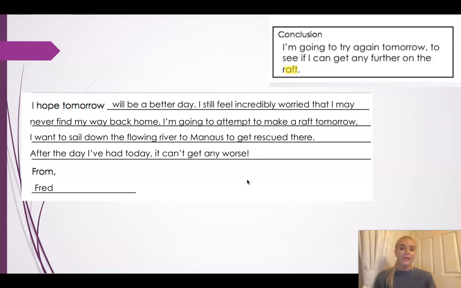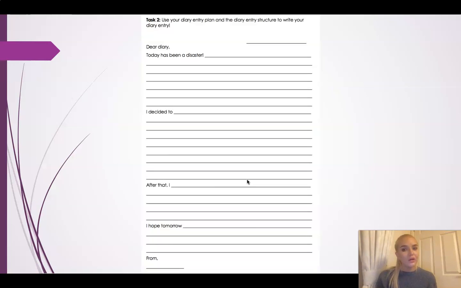Okay, now that is how you are going to have a go at writing your diary entry. So you're going to use your diary entry plan from Friday and this structure here that I've given you to write your diary entry. So remember the first part, today has been a disaster, all about your introduction, the who, the what, the where, the when.